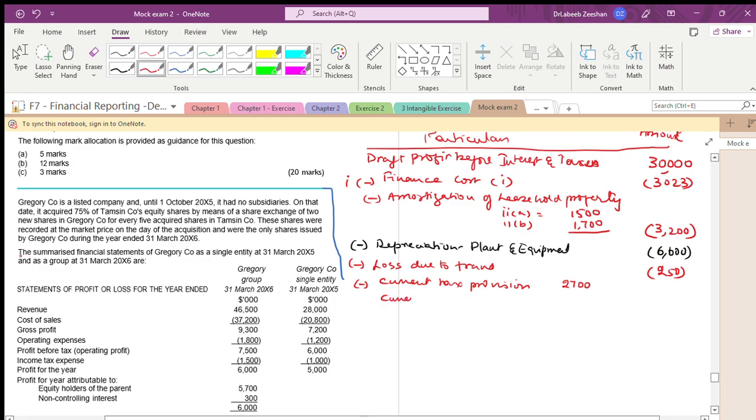Current tax as given, how much? 1 minute. 2,700 minus 700 plus 800.